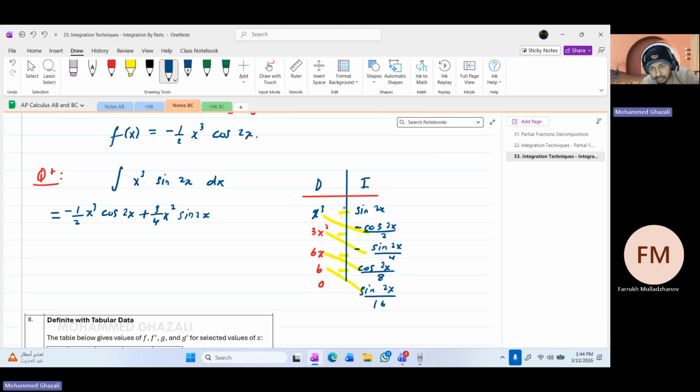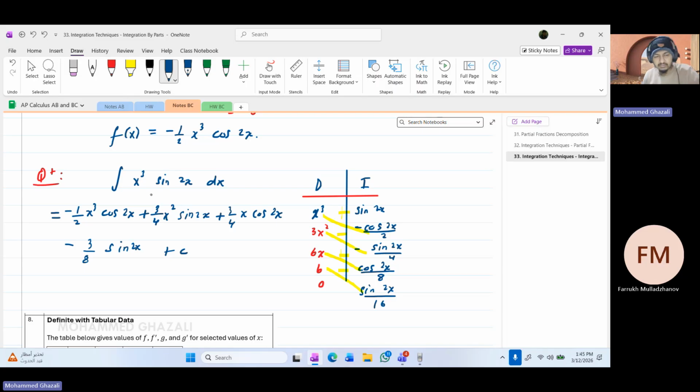This is positive, negative, positive here now. That's 6 over 8, which is 3/4 x cos 2x. And then the last one is minus 6 over 16, which is 3/8 sine 2x. And then plus c. Right.